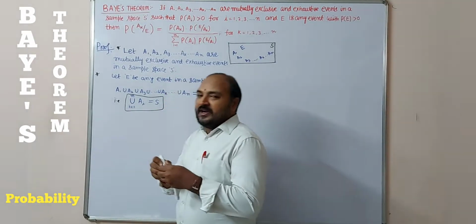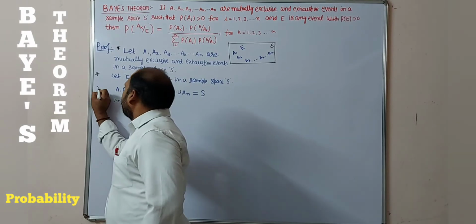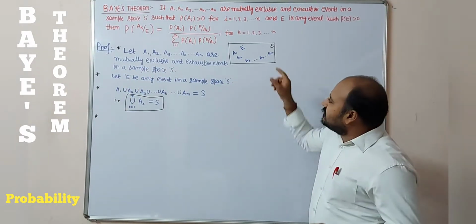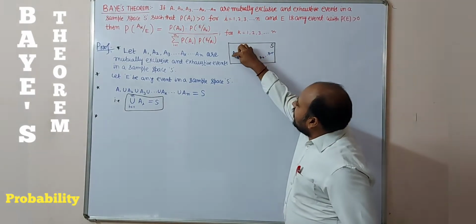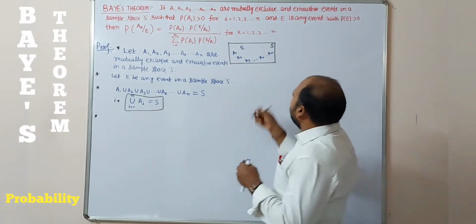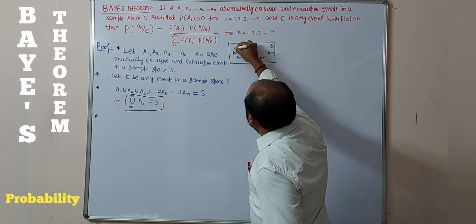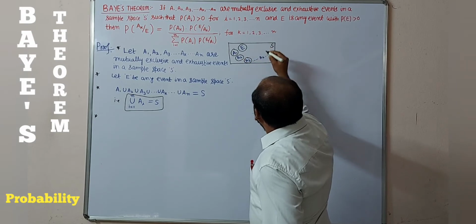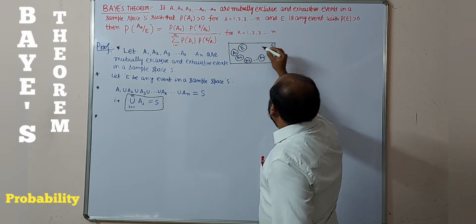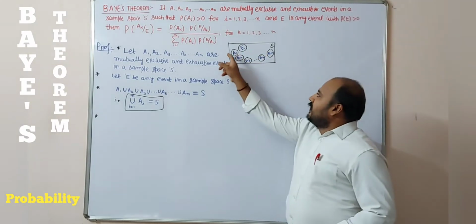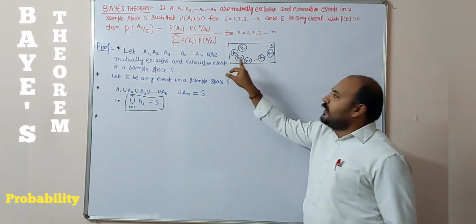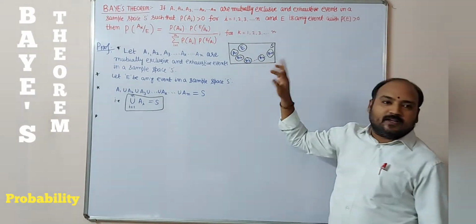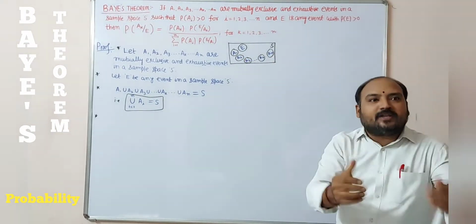Not only this information, but also disjoint events are there. If you observe this figure, E is any event, and there is no link, there is nothing common between E and A1. So these are disjoint events. E and A1 are disjoint, E and A2 disjoint, E and A3 disjoint, and so on. E and AK disjoint, and E and AN also disjoint.